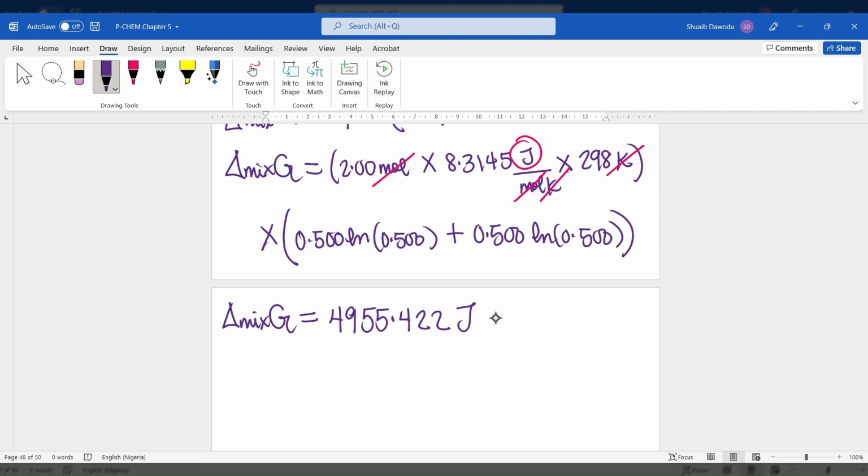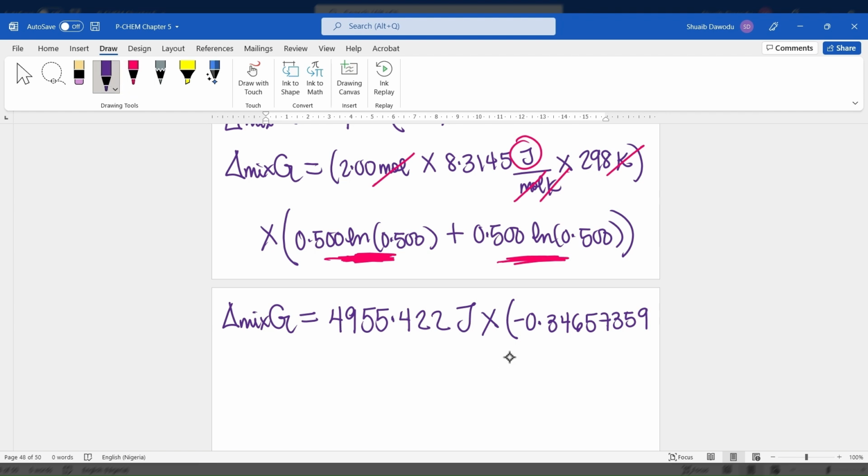So that joules multiplied by the information on this side as well as adding it to the information on this side. So multiply by 0.500 ln 0.500. When you input that in the calculator, you're supposed to get negative 0.34657359.